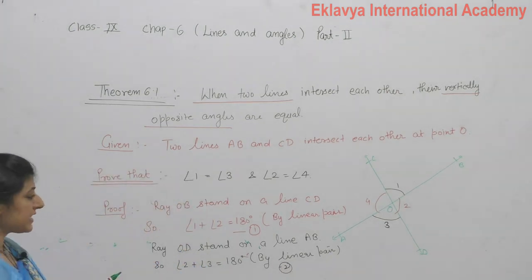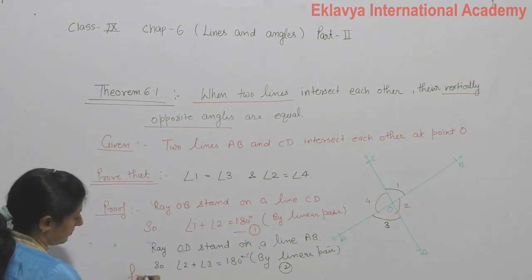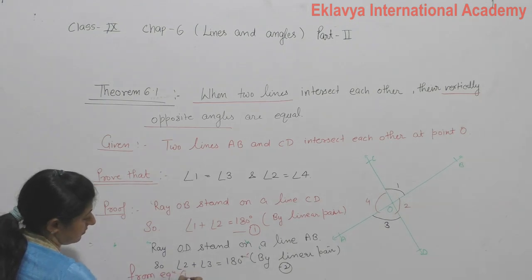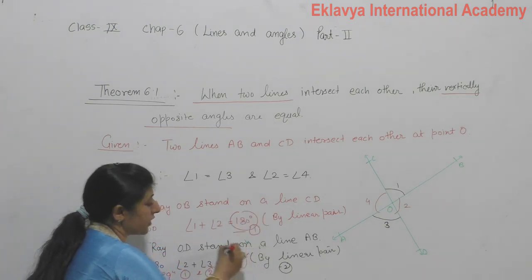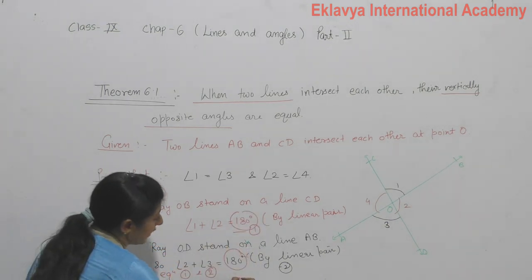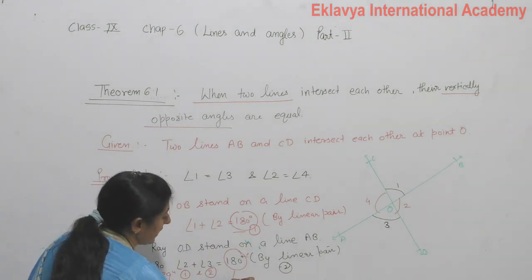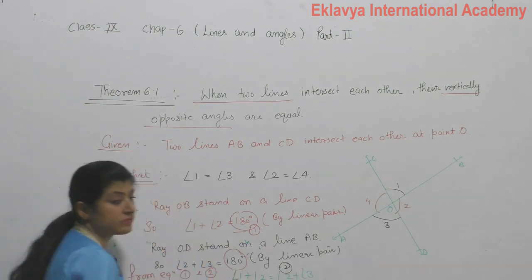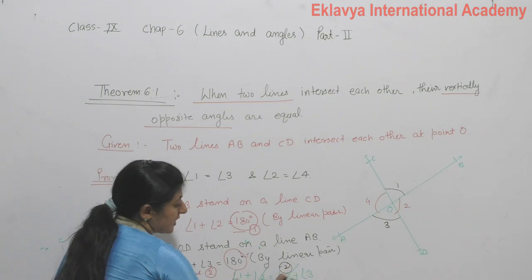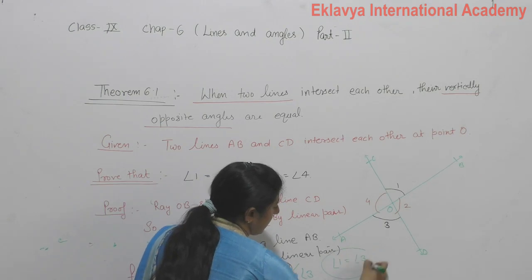Now from equation first and second, this is equal to 180 and this is also equal to 180. So RHS sides are equal, then LHS sides are also equal. Then we can write angle 1 plus 2 is equal to 2 plus 3. You can see angle 2 cancels, then the remaining is angle 1 is equal to angle 3.